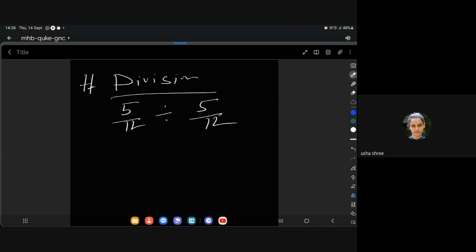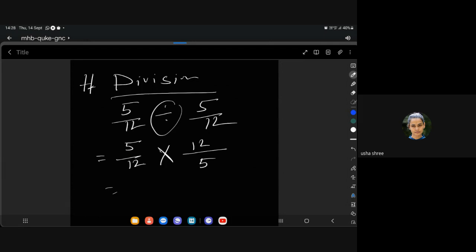Take the reciprocal of the second fraction, and then multiply with the first fraction. So in case of division, the first fraction will remain the same. Then this division sign will become a multiplication sign. Then it will be the reciprocal of the next fraction, so it will be 12 by 5.